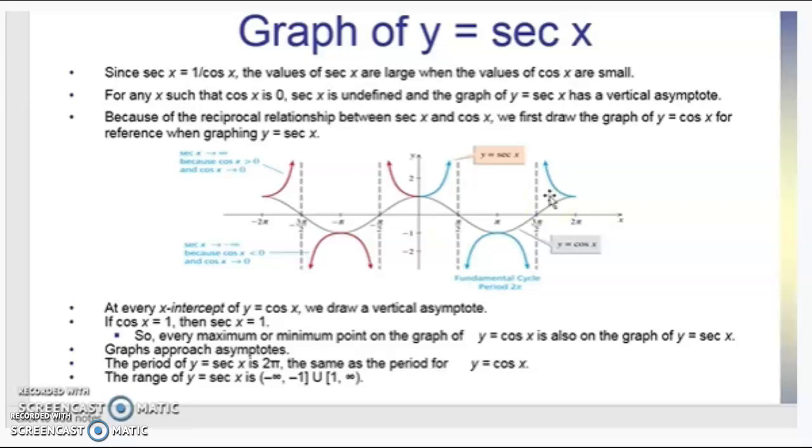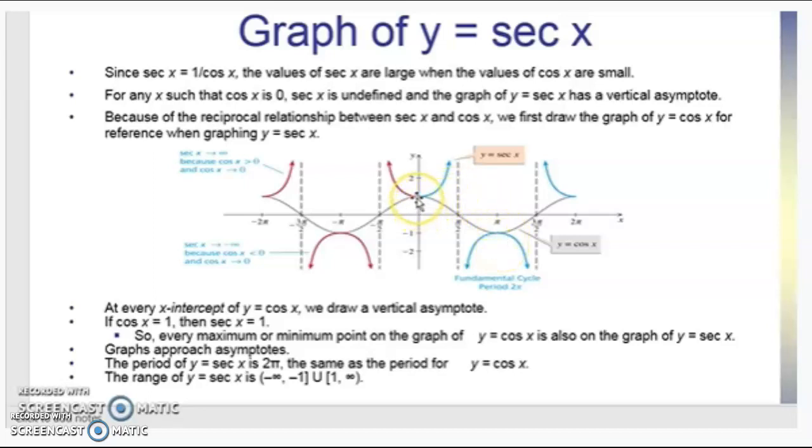Notice, once the cosine function is graphed for reference, it gives the maximum and minimum values for the secant function. We can see that the secant function consists of two parabolas.